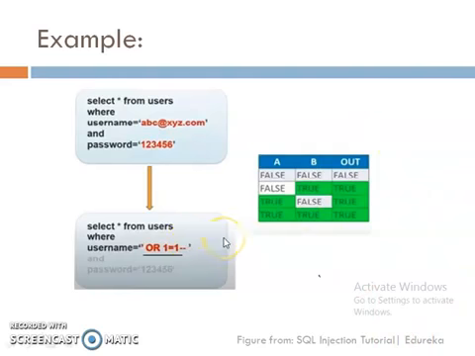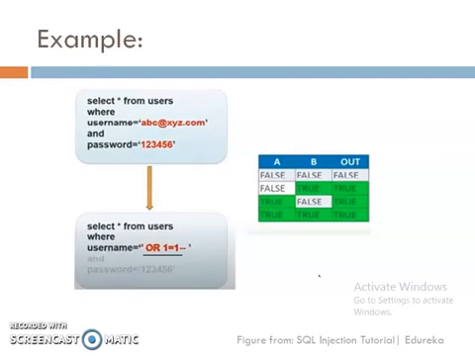So what can the hacker do? Hackers modify the query like this: select star from user where username equals dash or 1 equals 1 hyphen hyphen. Here the underlined part, or 1 equals 1, is more important. That statement is executed as a true condition.